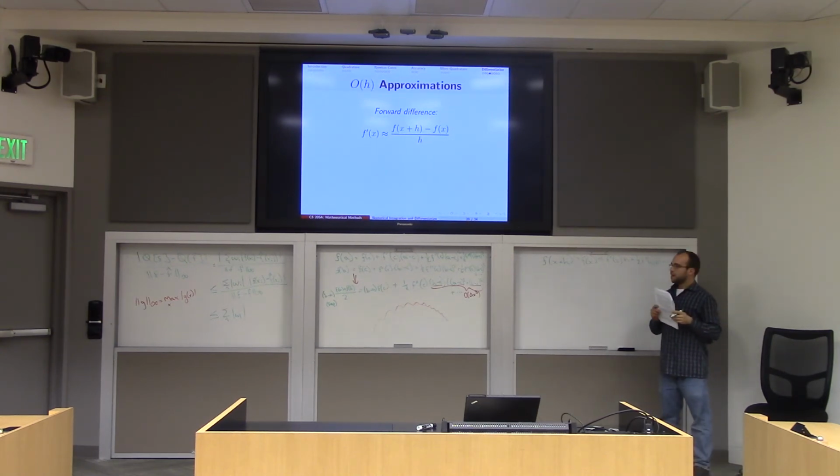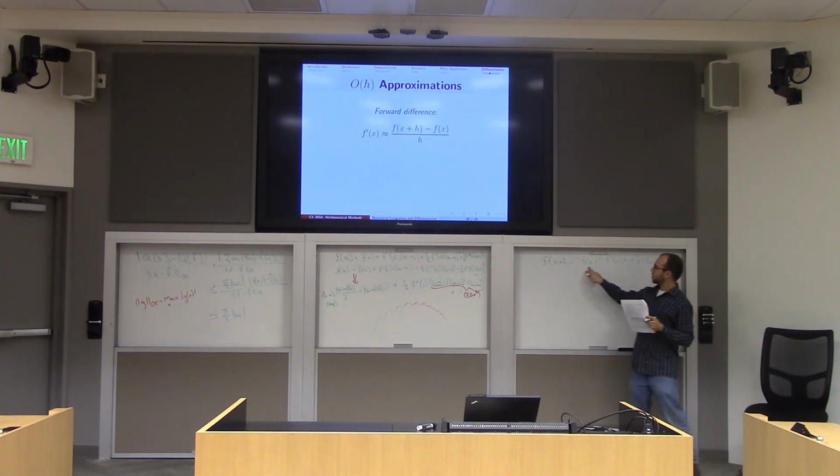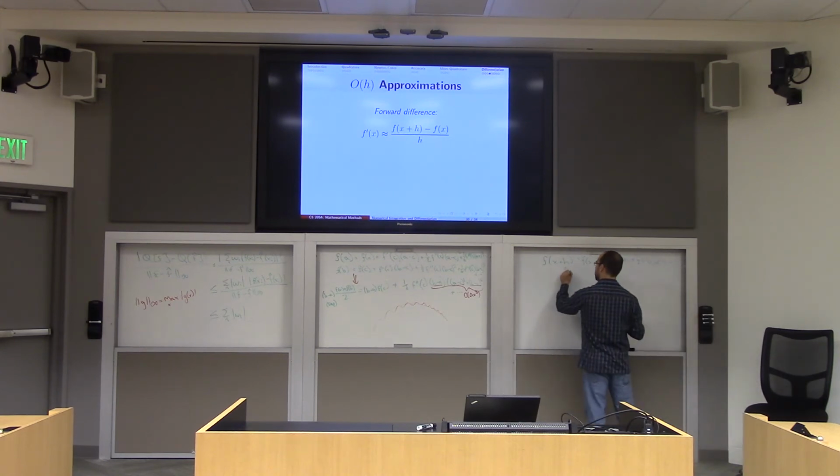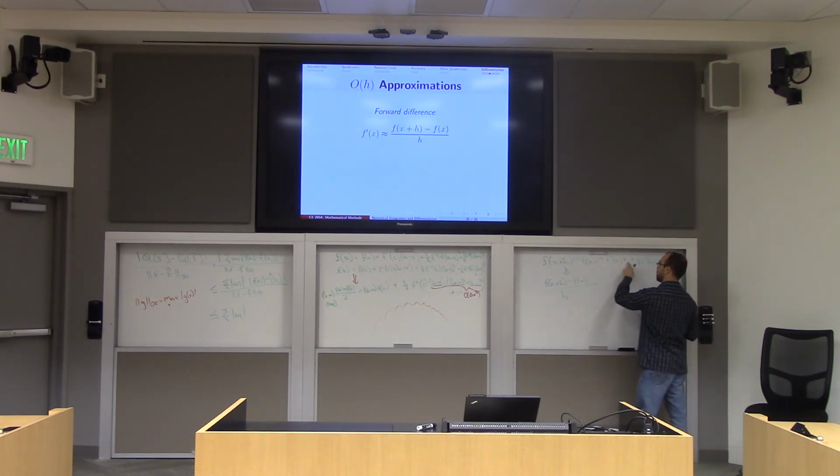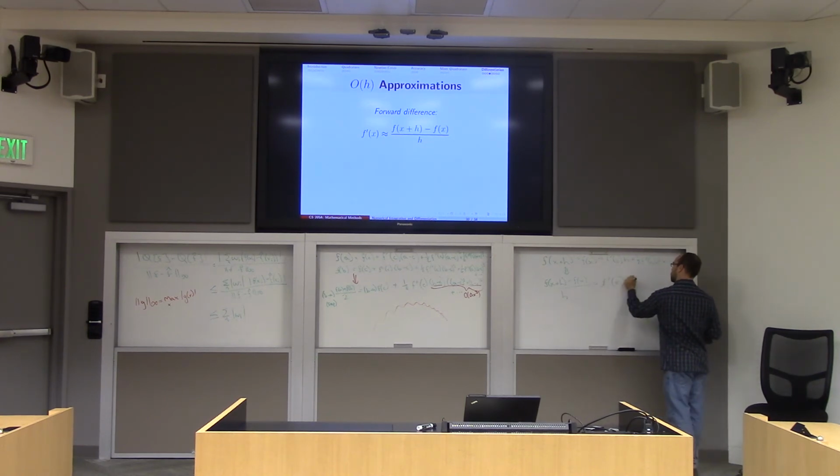So if I subtract off f of x and divide by h, then f of x plus h minus f of x divided by h equals f prime of x, since the h goes away, and you're left with an h term.